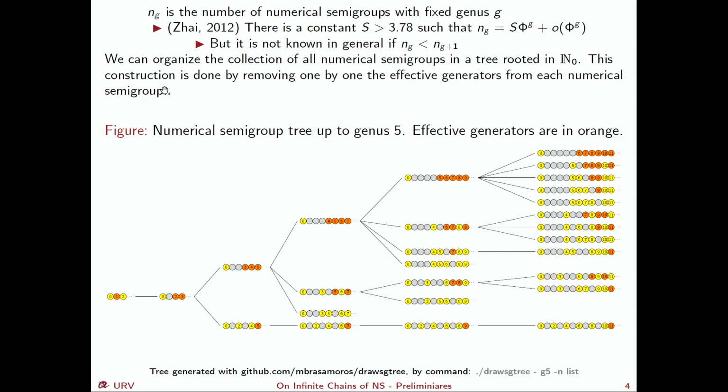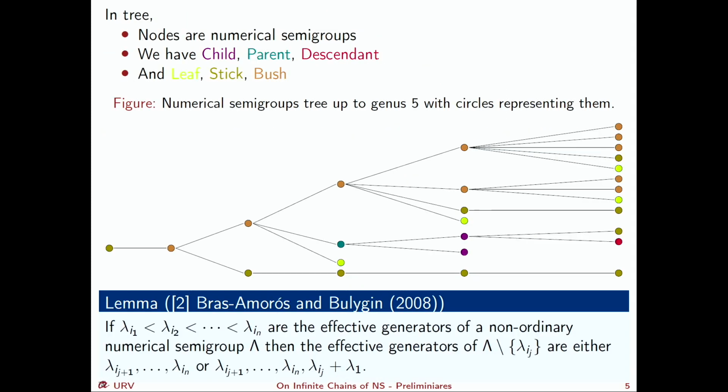And another thing is, if I take a numerical semigroup and put in the conductor minus 1, which is the Frobenius number, I come back in the tree. And from the tree perspective, we can change some names.